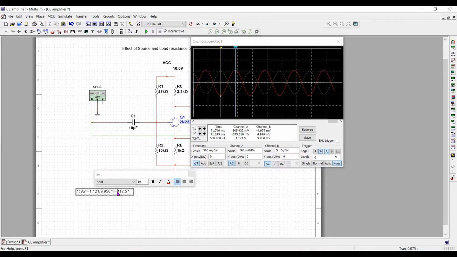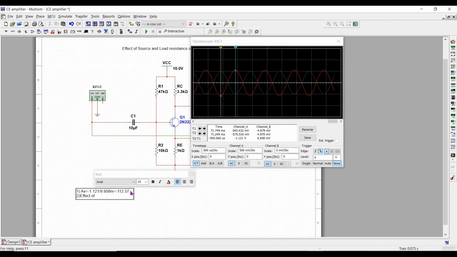Minus sign indicates a phase shift of 180 degrees. So without the source and load resistance, the gain of the amplifier circuit is minus 112.57.